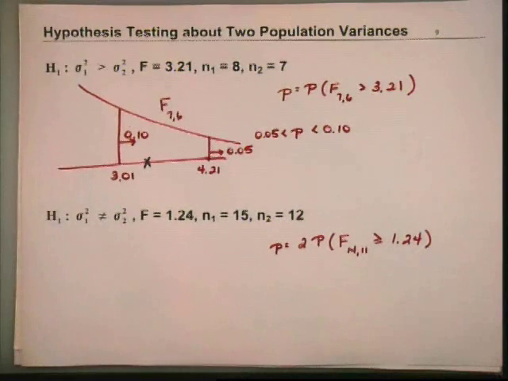So go to the row for 11 degrees of freedom, columns for 14, to find the two values between which the calculated value 1.24 falls.